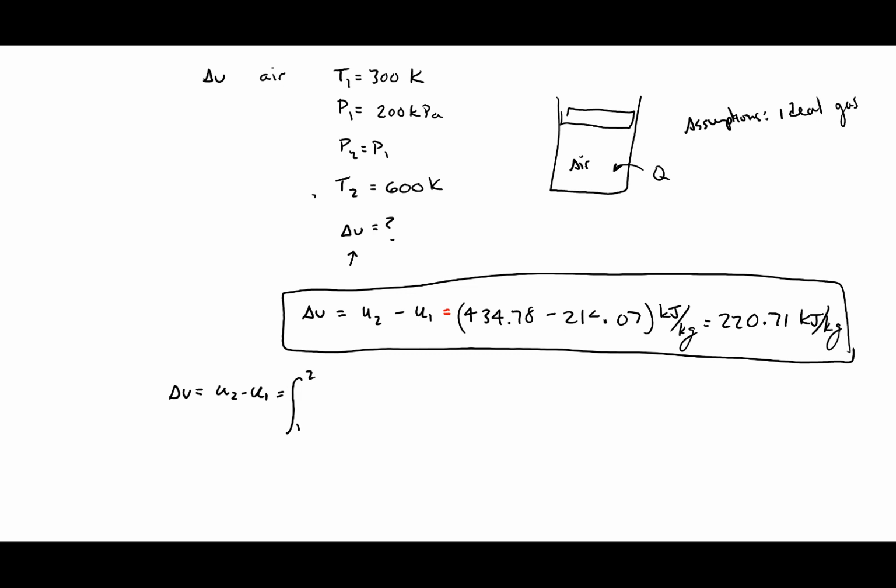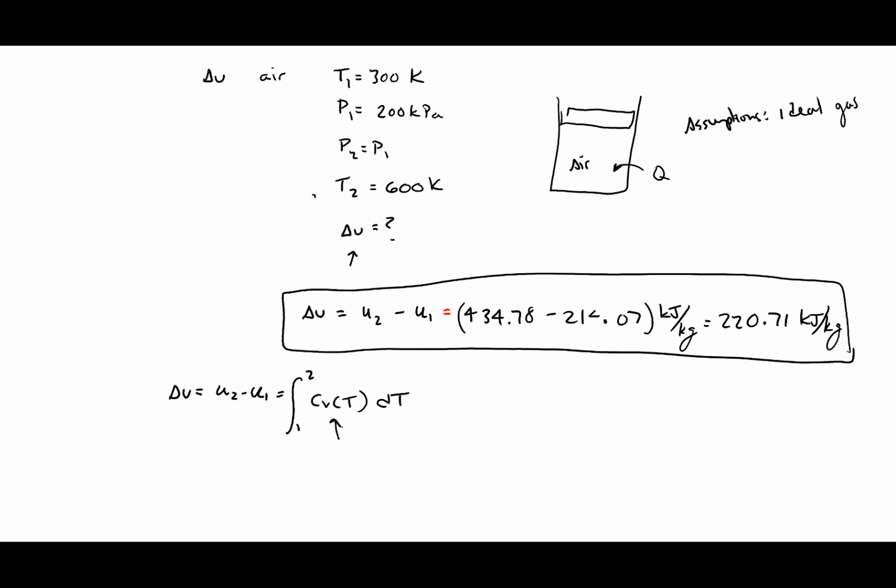the integral from 1 to 2 of C sub V of T dT. In order to solve this, we need to know how C sub V is a function of temperature. There are two ways that we can do this, and we're going to do both of them.